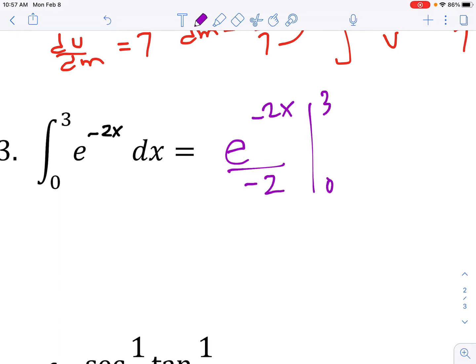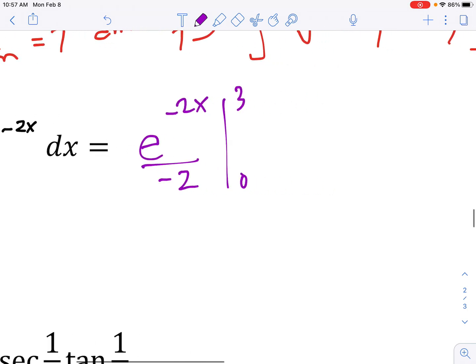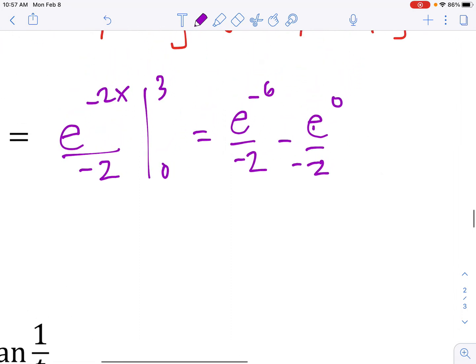And then we're going to evaluate that from 0 to 3. So when we stick in 3, we get e to the minus 6 over negative 2. When we stick in 0, we get e to the 0 over negative 2. Well, over negative 2, yeah, because the minus comes from the fundamental theorem and the negative 2 is in the denominator. Be really super careful.